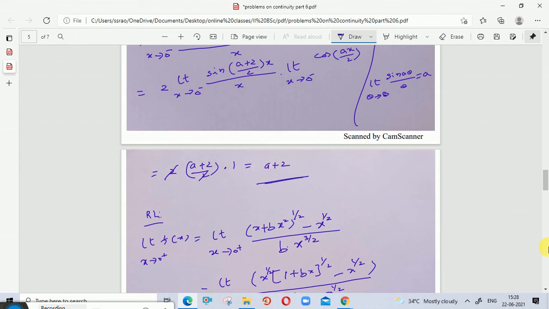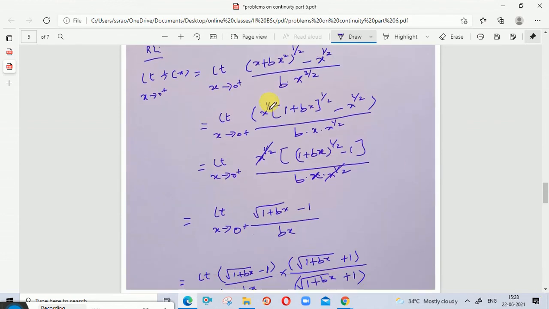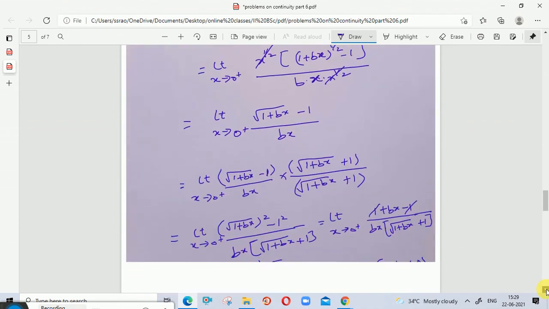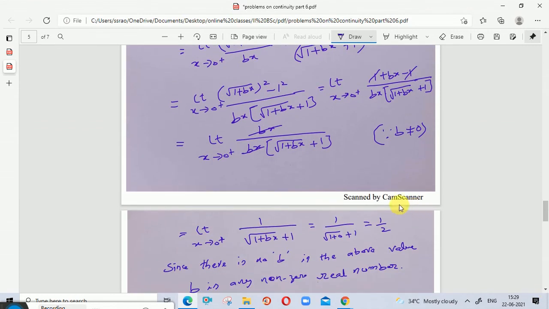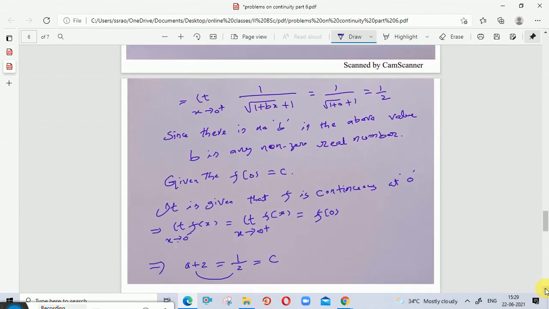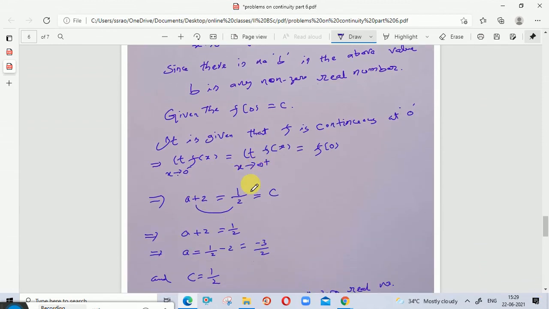In the same way, this is the right limit. What is the value of the right limit? Half, we wrote it here. So the right limit is 1/2 and f of 0 is equal to c, given in the problem.